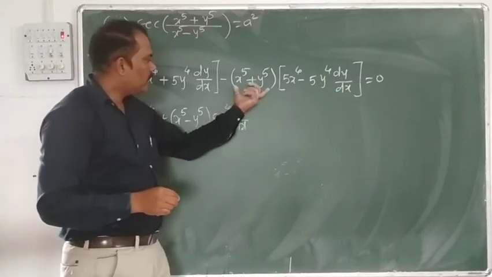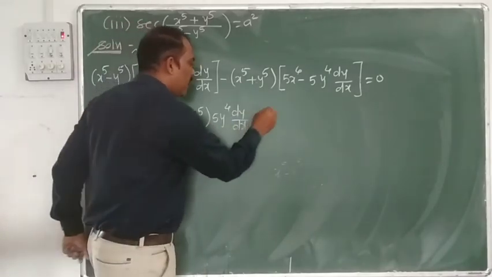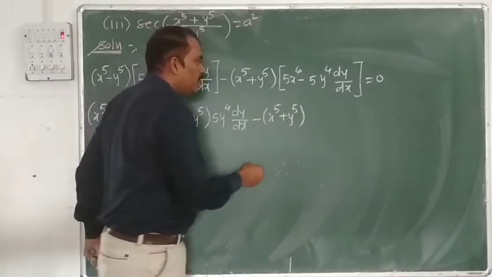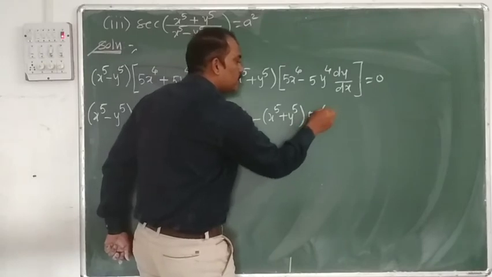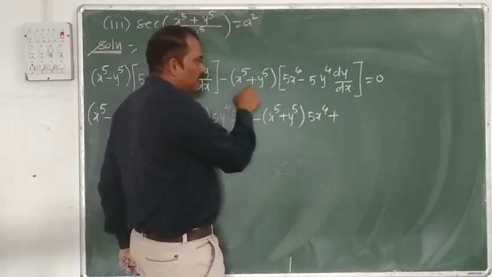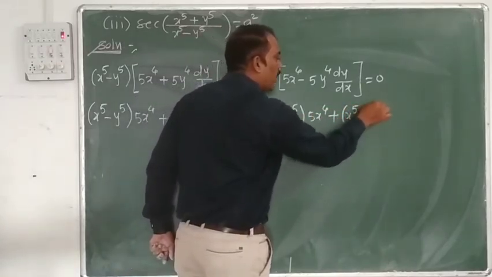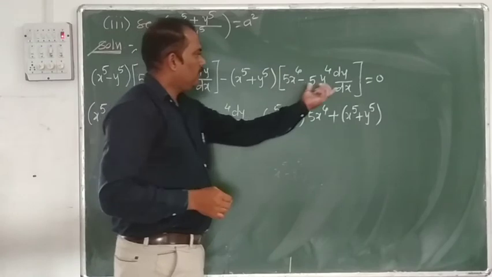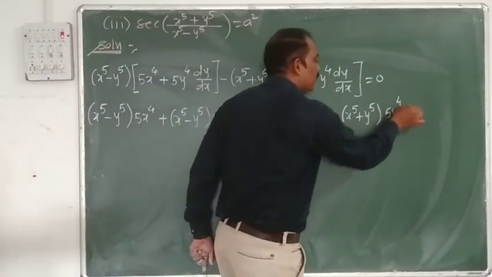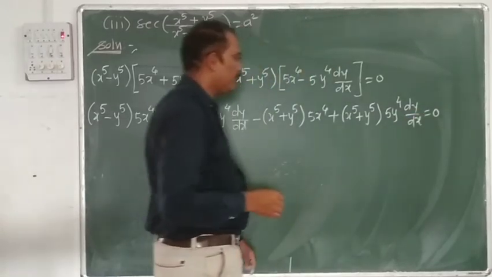Also here we multiply inside the bracket by this bracket with the minus sign, so that minus x raised to 5 plus y raised to 5 into 5 times x raised to 4. This minus and this minus becomes plus, and into this bracket, that is x raised to 5 plus y raised to 5 into this term 5 times y raised to 4 into dy by dx is equal to 0.